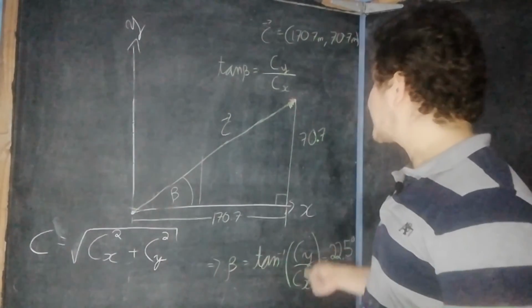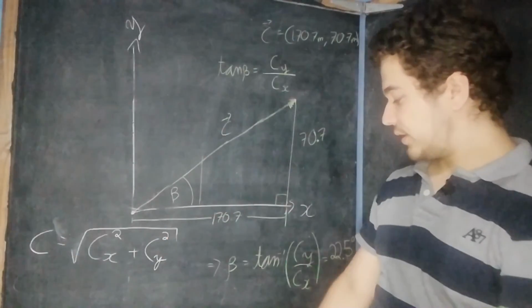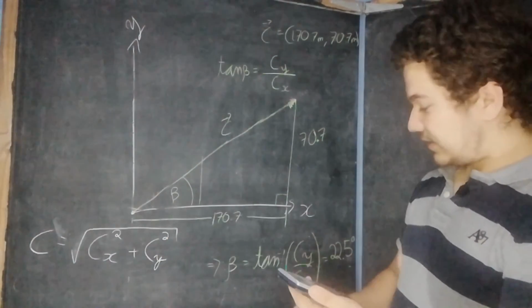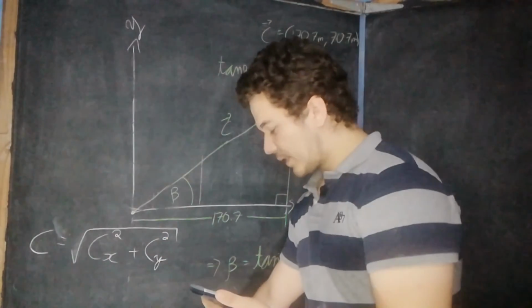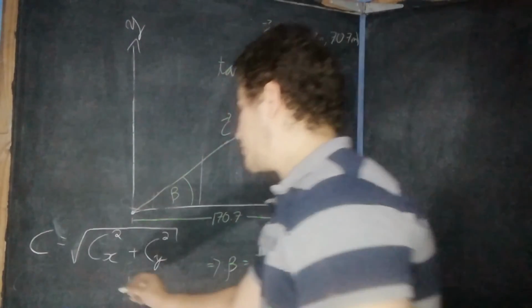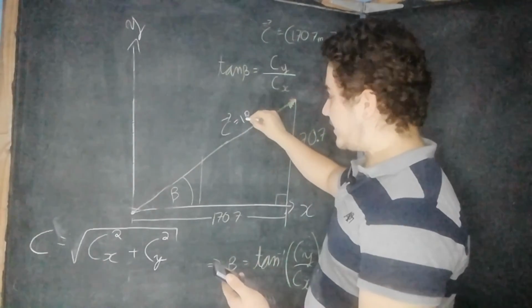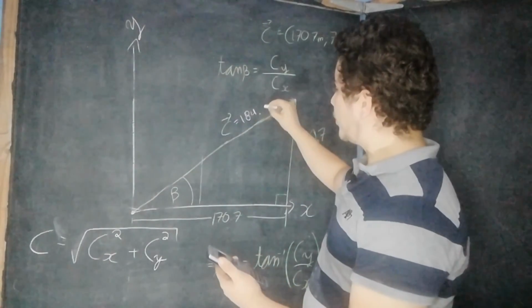We just substitute these two values in this equation, and it has a magnitude of just 184.8.